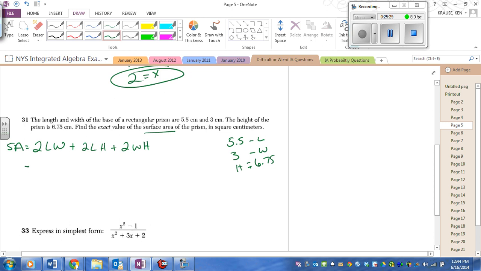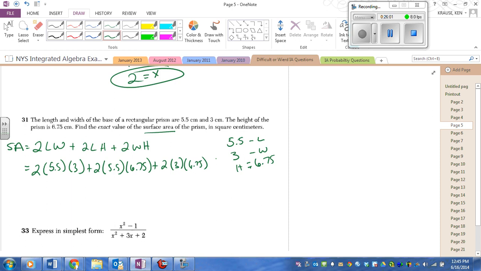So 2 times 5.5 times 3 plus 2 times 5.5 times 6.75 plus 2 times 3 times 6.75. So surface area equals 147.75.